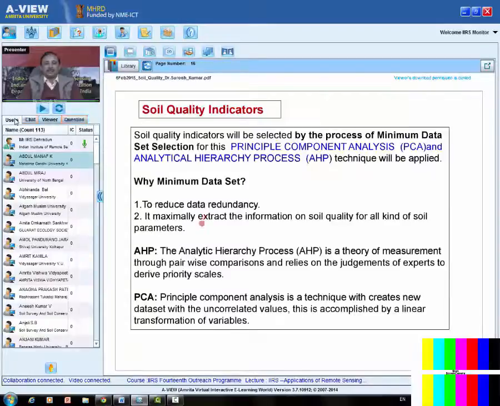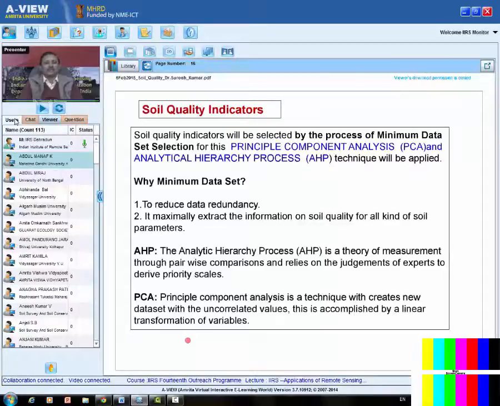In that particular type of land use system, in that land area. What is the AHP, analytical hierarchy process? This is a pairwise comparison we make, and then experts give the scaling, that is, which property is affecting the most. Another technique we use is principal component analysis, which creates uncorrelated values, and then we find out the parameters which are highly uncorrelated, and those can be used for assessing the soil quality.